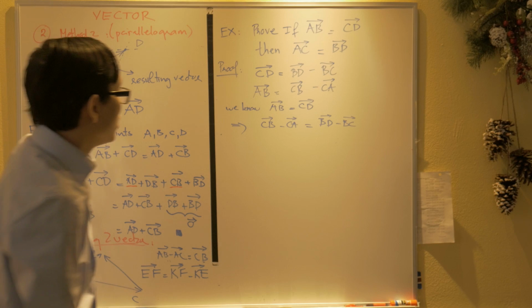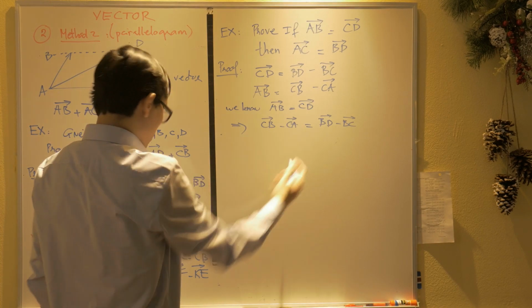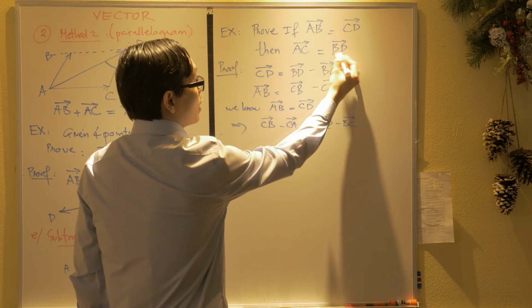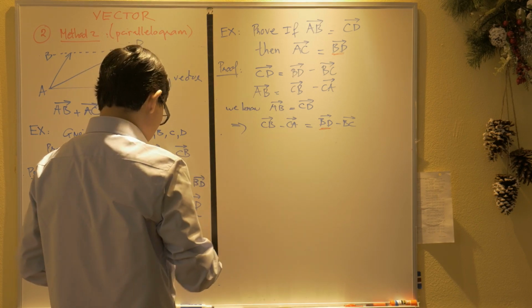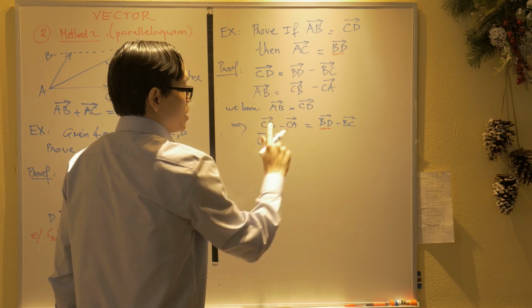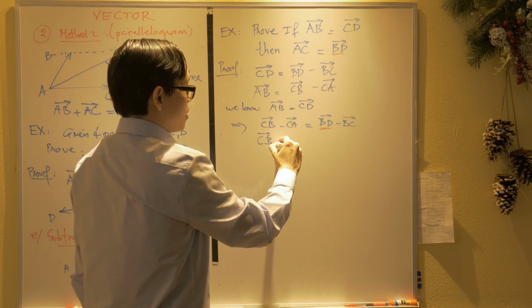So what do we have here? We have BD. This is what we need, right? We already have a part that we need. We want AC, but over here is CA. That's all right. So CB, I can change the sign, then I can flip the direction.